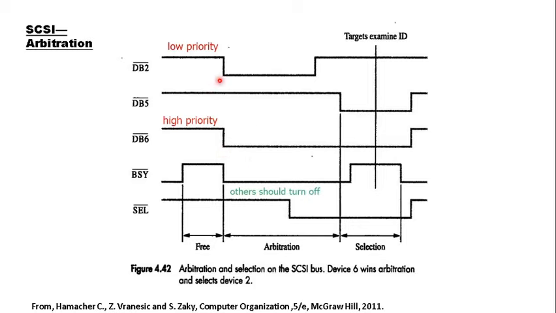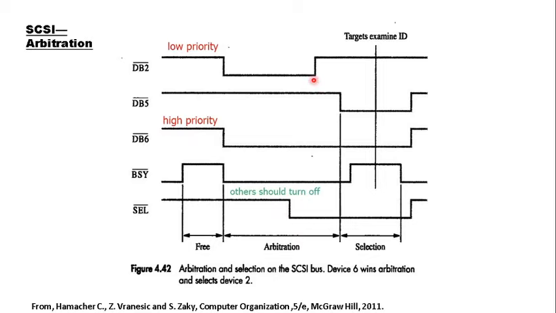Okay, so this CD-ROM controller is supposed to take away its DB2 signal. Again there is a time limit for that. This DB2 should be taken off before DB6, the SCSI controller, activates the select signal.